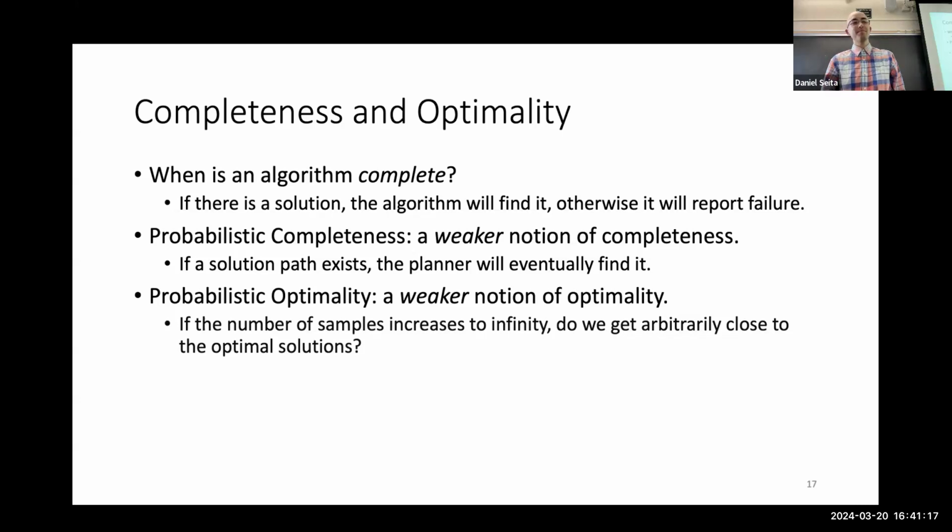All right, probabilistic optimality. So if the number of samples increases to infinity, do we get arbitrarily close to the optimal solution? If yes, then it is probabilistically optimal. Are RRTs probabilistically complete and probabilistically optimal?